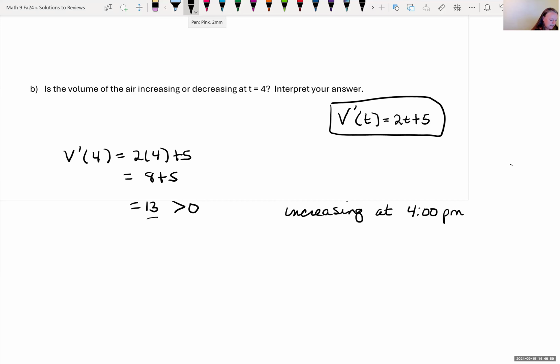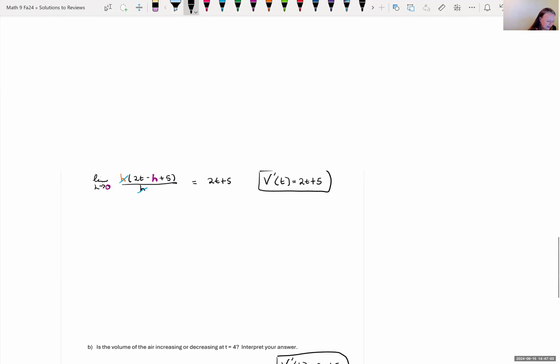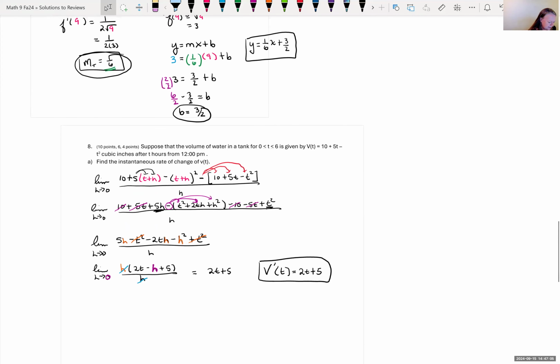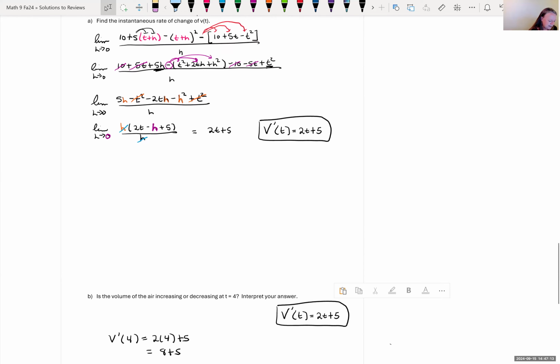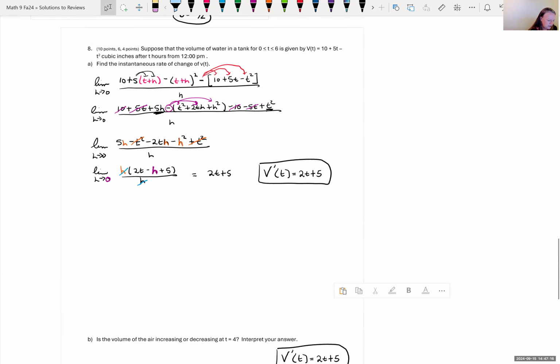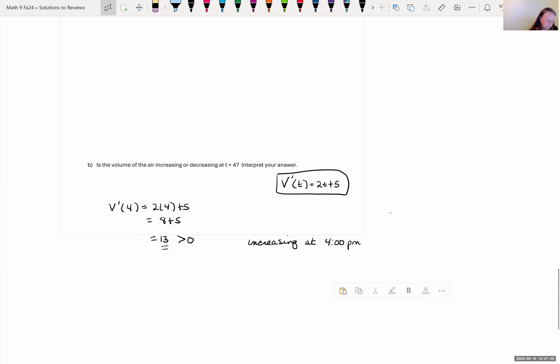And it tells us what is the rate that it is increasing, which is 13. And I got to go back up to see what this was. This was cubic inches. So it is increasing at a rate of 13 cubic inches at 4 p.m. is what that is saying.